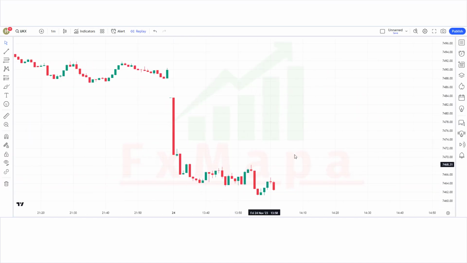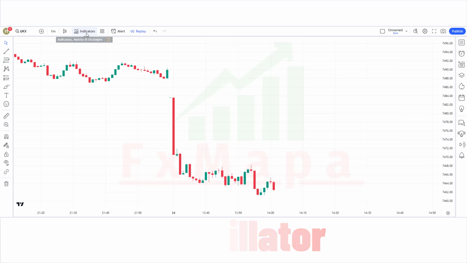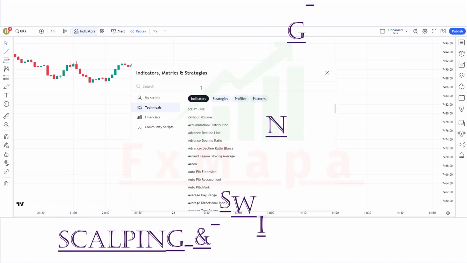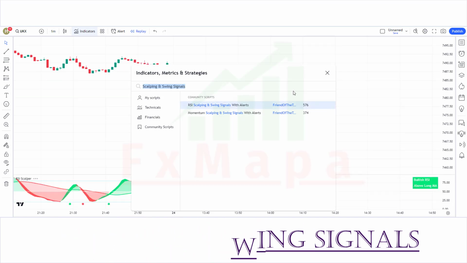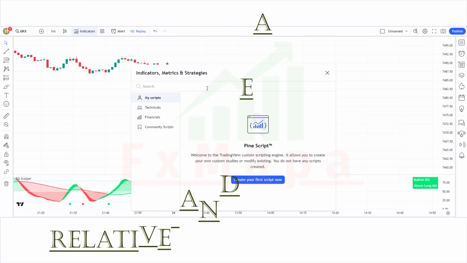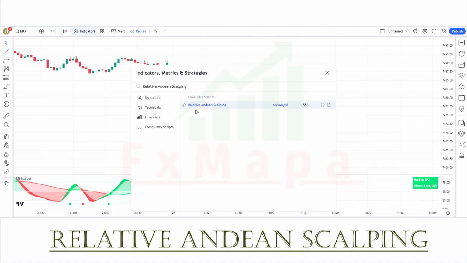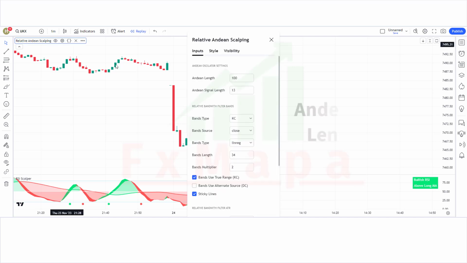So let's get started. In this setup we would require 3 indicators. First indicator name is scalping and swing signals. Second indicator name is relative Andean scalping. Keep the indicators setting as I have shown here.